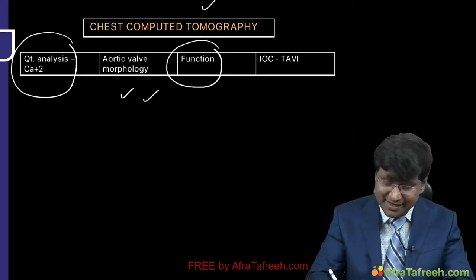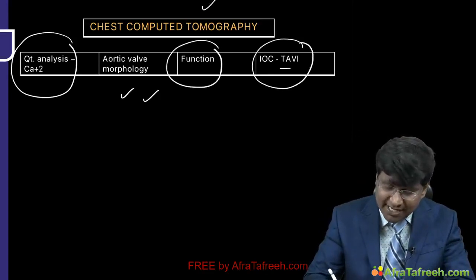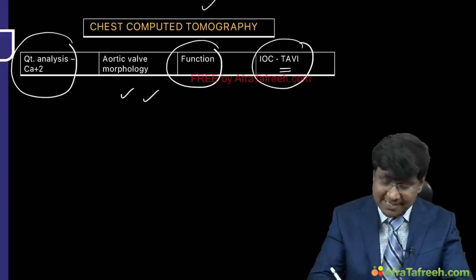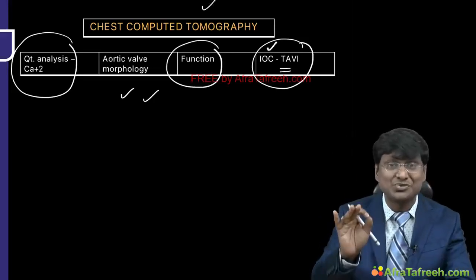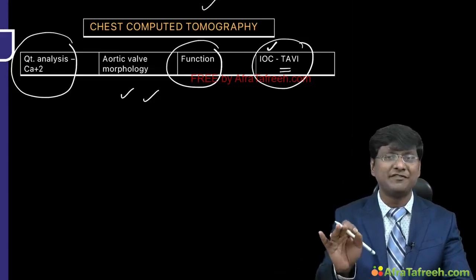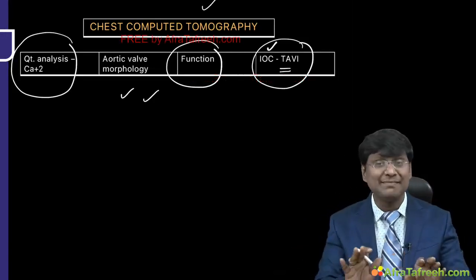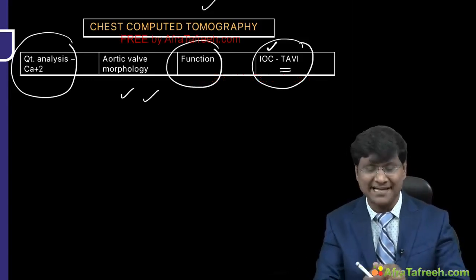And remember, before a patient undergoes TAVI, that is transcatheter aortic valve implantation, the investigation of choice to assess the aortic valve morphology and function will be the chest CT, right? So that is about the importance of the CT scan.